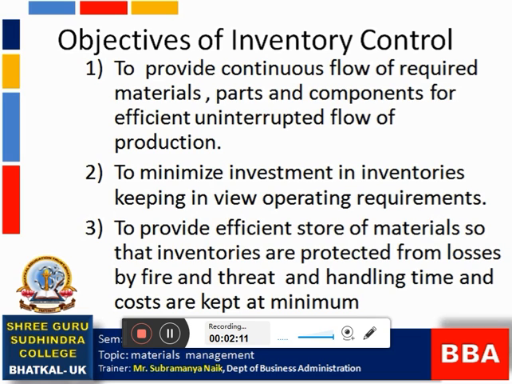Now coming to the second objective, to minimize investment in inventories, keeping in view operating requirements. This is common sense: if you do not have control over the stock of raw materials, sudden exhausting of raw materials will definitely lead to high cost.